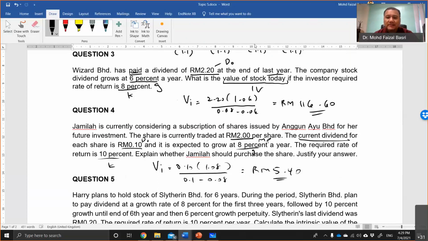Okay, so besides calculating, the question asks, should Jamila purchase the share? Remember, this is your IV, which is the value of 5.40. So you need to compare with the market price. The current price is 2 ringgit. So should you purchase the share? Justify your answer. If intrinsic value is 5.40, market price 2 ringgit, buy or not?